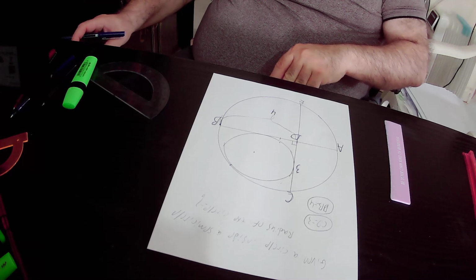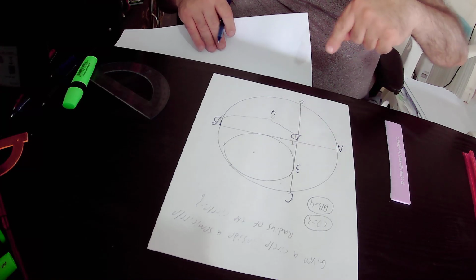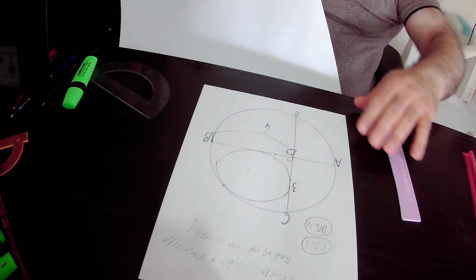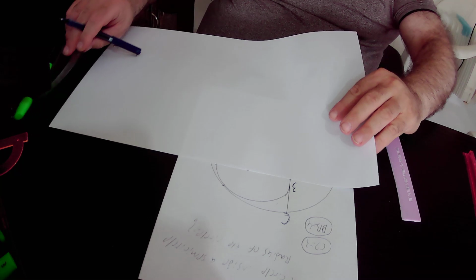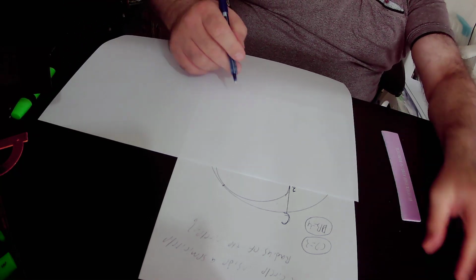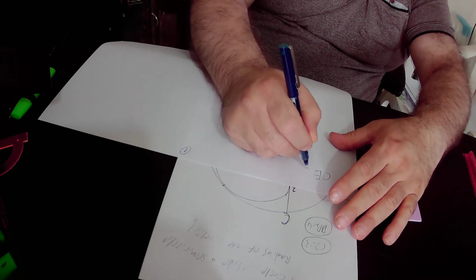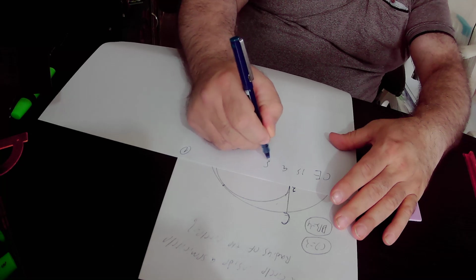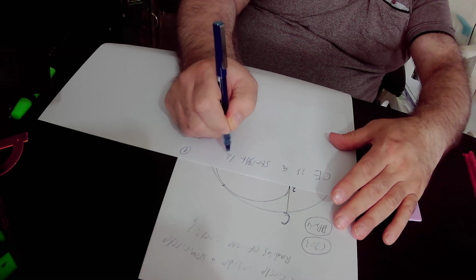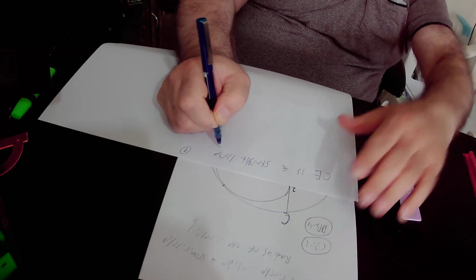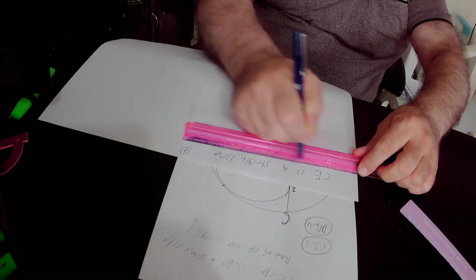Okay, so I write it down that line segment CE is a straight line.